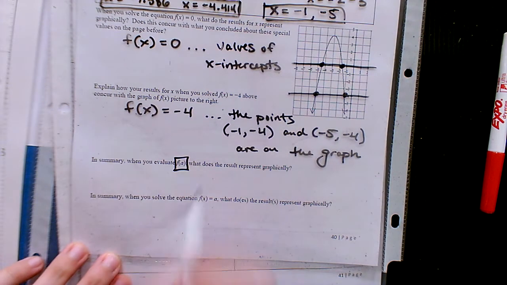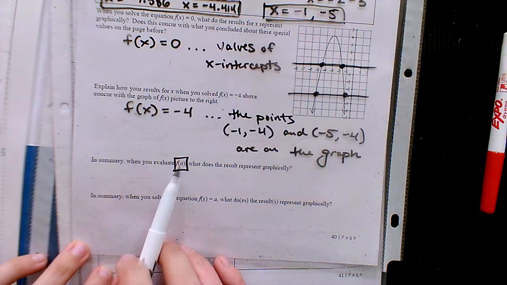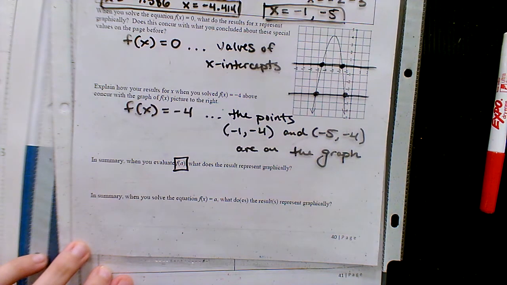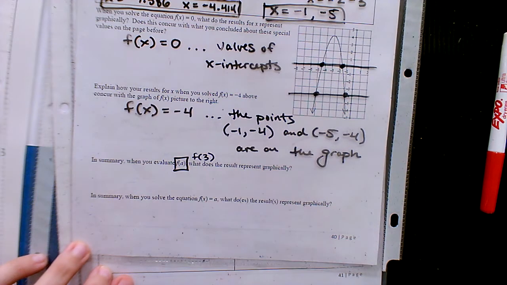So just as a summary, if we have the notation f of a, where a is a number, what is that asking us to do? Or what are we trying to find? However you want to think about it. What does that a represent? For instance, if I did f of 3, put a number in there if it helps.